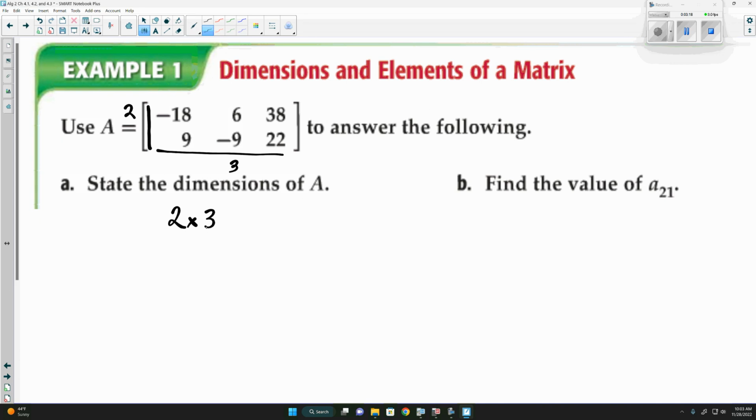Dimensions of matrix A is a 2 by 3. 2 rows, 3 columns, down and over. Now we want to find the value of element a21. Second row, first column is 9. Down 2, over 1 gives us 9. Questions on this here?